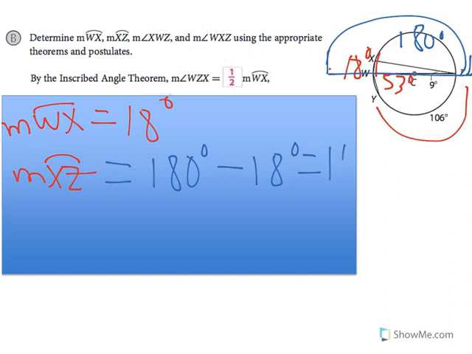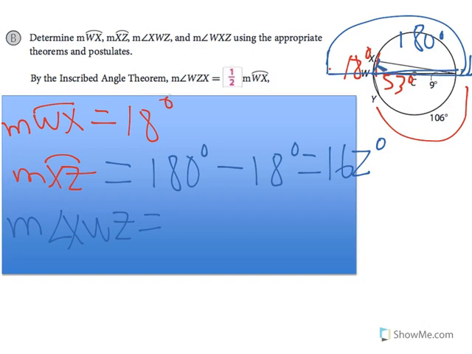So this gives us 162 degrees. And we're looking for the measurement for the angle XWZ. So we're looking for this angle here, right?